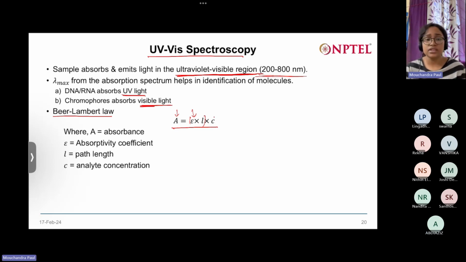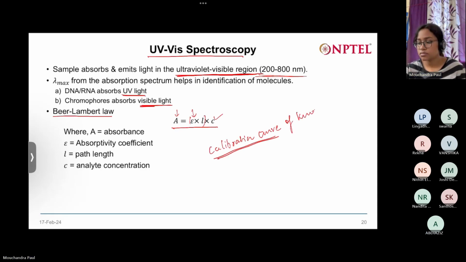This equation becomes essential when you are trying to plot something called a calibration curve. You make a calibration curve of some known samples, and then you give an unknown sample whose concentration you don't know and calculate its concentration from the calibration curve.